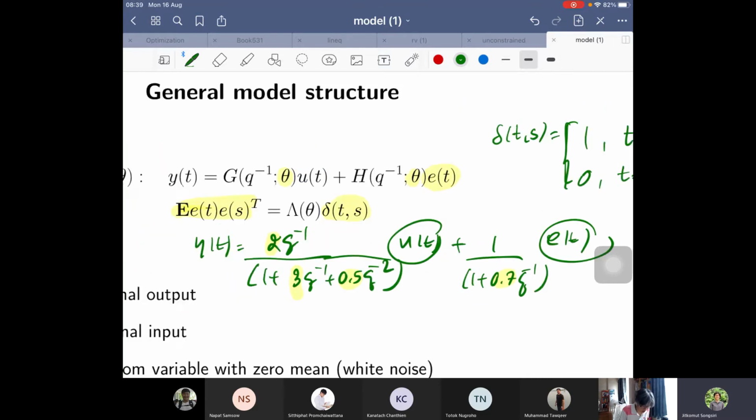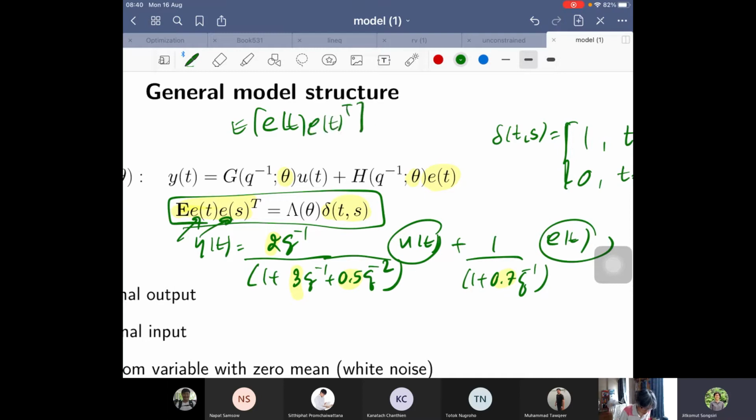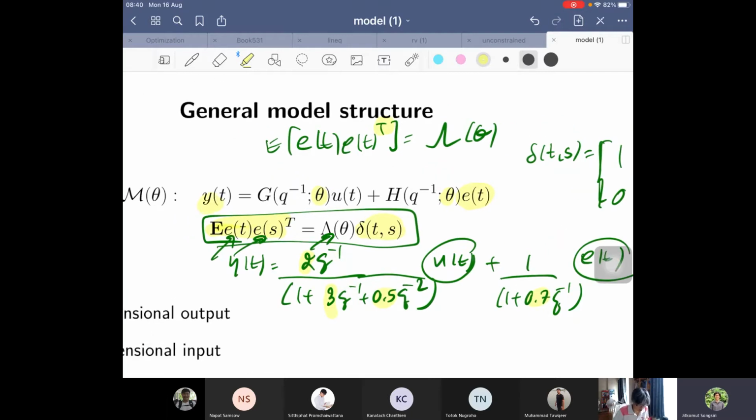That means the noise at two different time points will have no correlation at all, but it will have the covariance matrix lambda. Again, please notice that we use the vector term. That's why you see the transpose here, because the noise is a vector. It doesn't have to be the same dimension as Y, but in general it's n-dimensional.